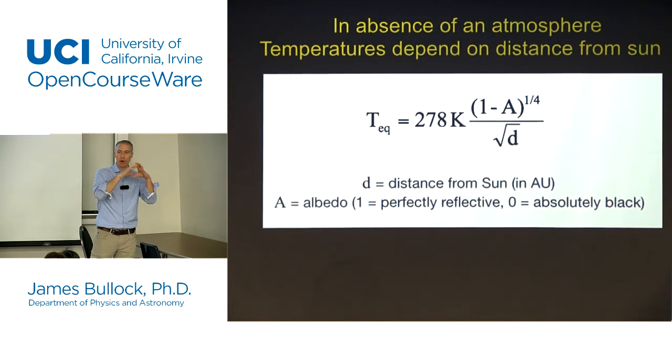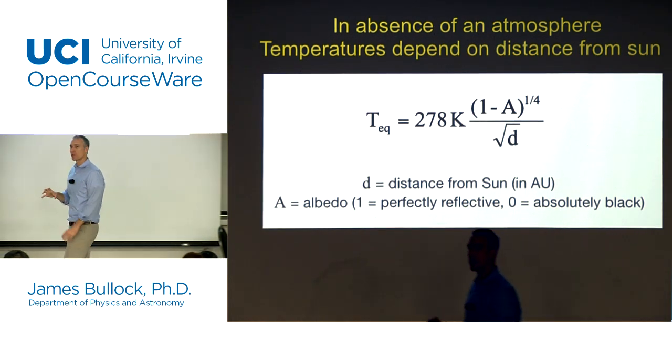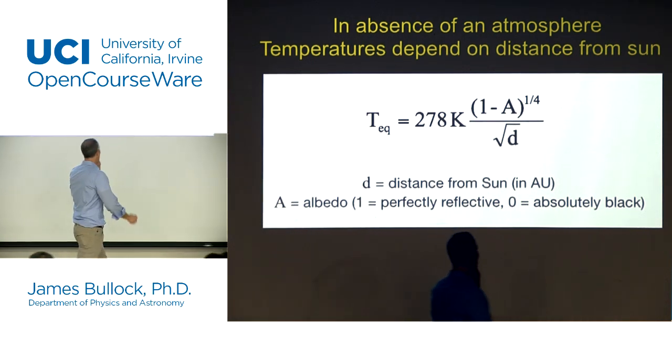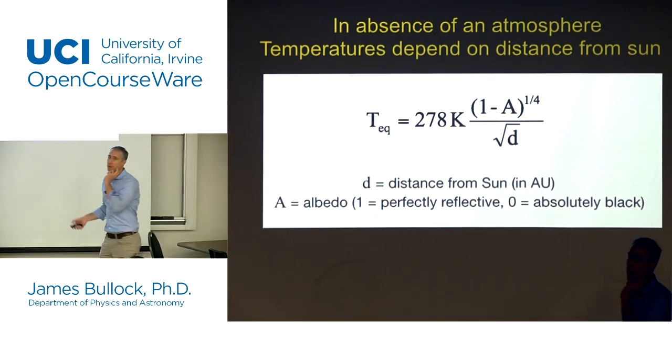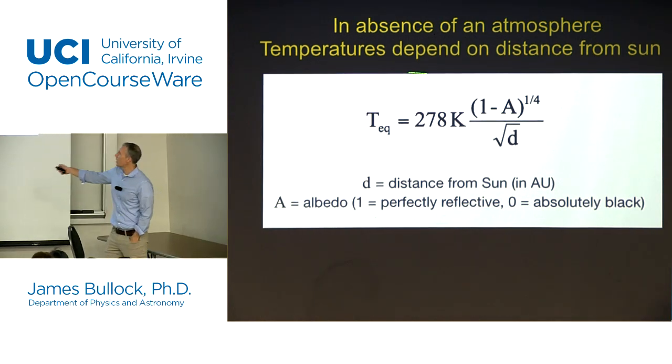Let's just think about the outer part of a rocky planet with no atmosphere. You can calculate exactly what the temperature of the thing should be if you know how far away it is from the sun. Okay? And I won't go into the details of how you do that, but you can imagine one could do that. And the equation is actually this.